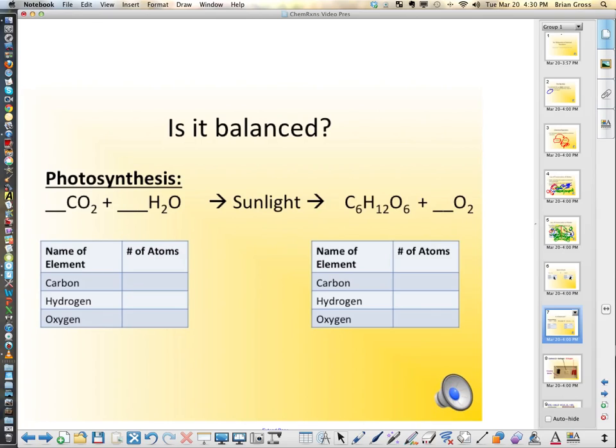So I want you guys at home to go ahead and take some time and balance this equation. So I'm actually not going to tell you the answer to this one because I hope that the next couple of slides will help reveal some information to you.